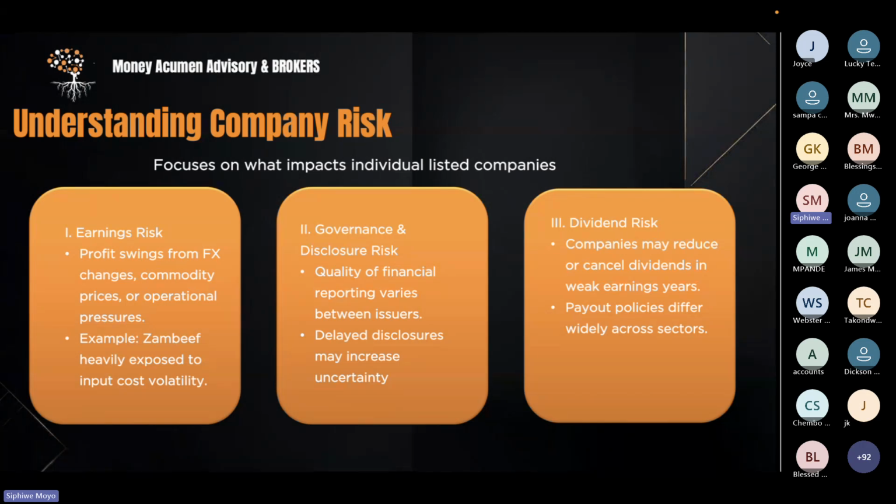This is a very cardinal indicator, and governance plays a significant role for Zambian listed companies. Some companies disclose information promptly and transparently, while others may lag, but it is a requirement that disclosure is as transparent as possible. Delayed reporting has the potential to increase uncertainty.